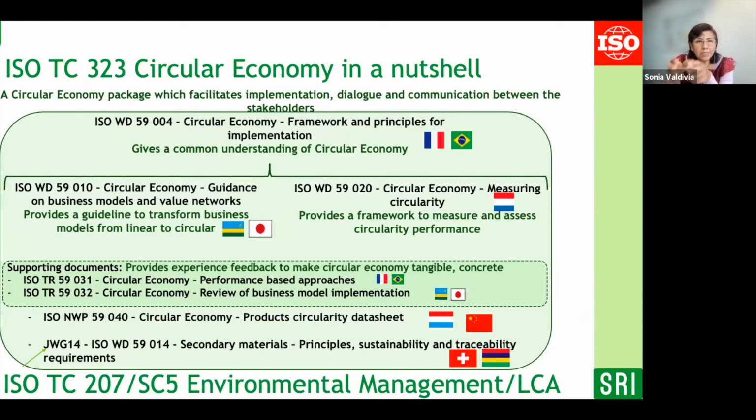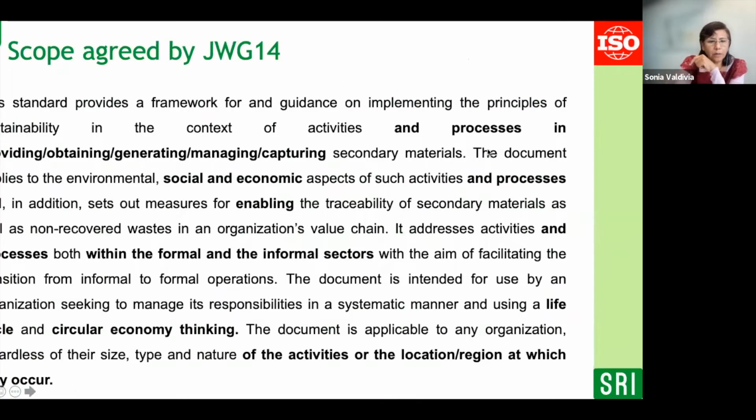This is a relatively young, new kid on the block, we could say, a committee, compared to ISO TC 207 on environmental management. They are a few years old, and they are developing the standards as mentioned here in this slide.